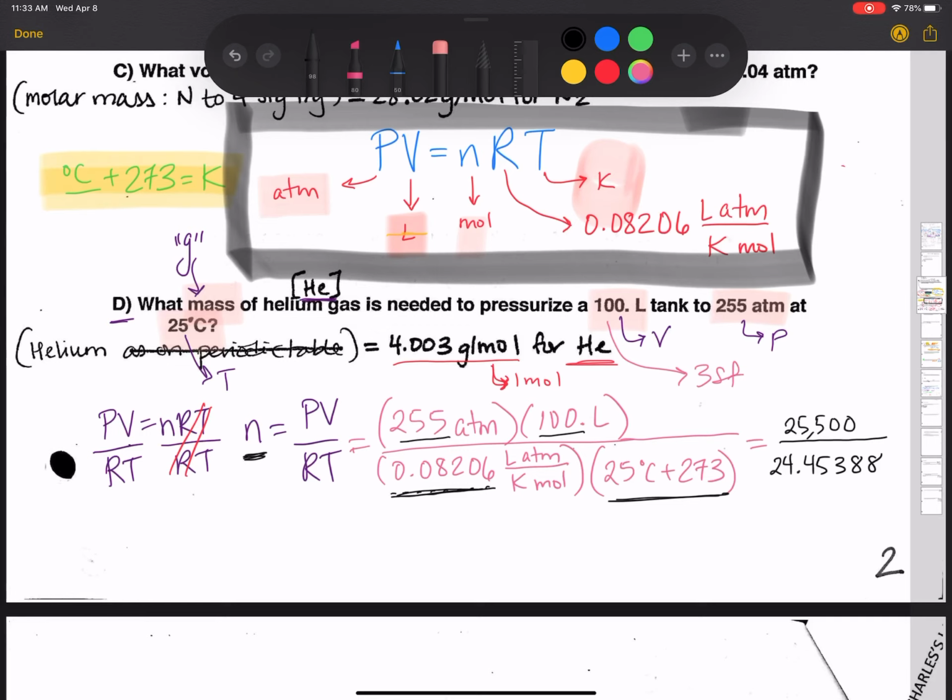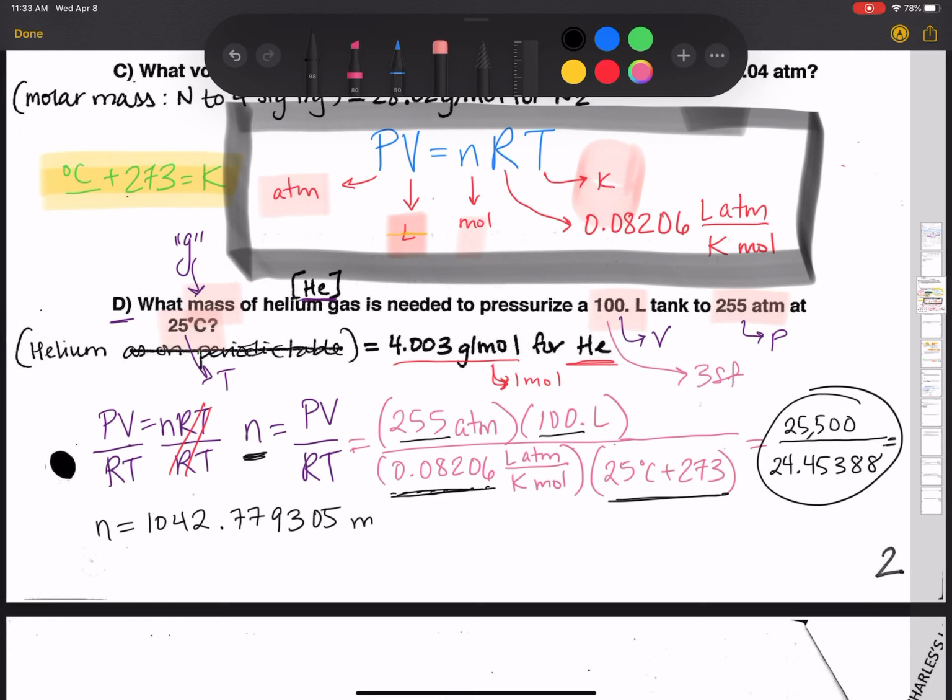So that now means that my moles would equal, if I were to continue that right over here at the end, I would get a pretty long decimal. So take a moment and divide this in your calculator, and you should then get 1042.779305.